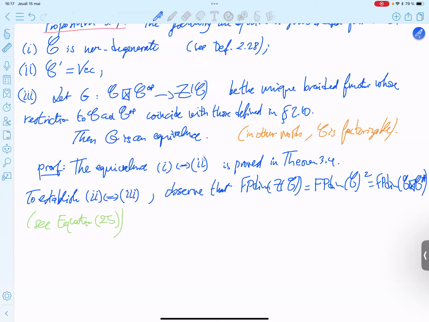For the first equality, the second should be straightforward from the definition of Deligne tensor product.